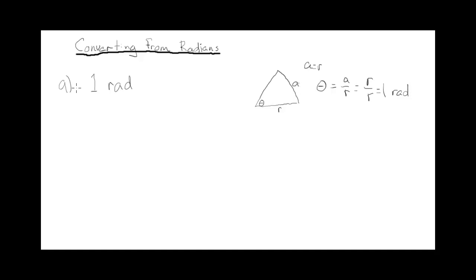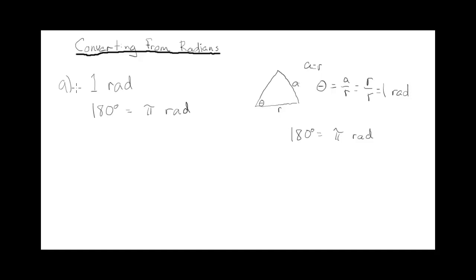The way I'm going to do that, if you remember we had that equation before, 180 degrees equals pi radians. We're going to figure out how much 1 radian is using this equation. So on the right side of this equation, I have pi radians.